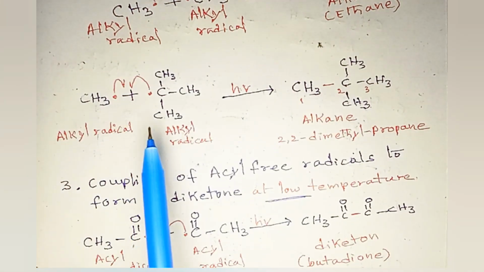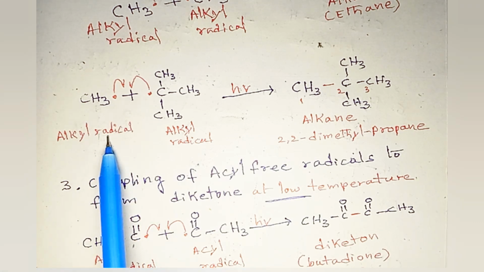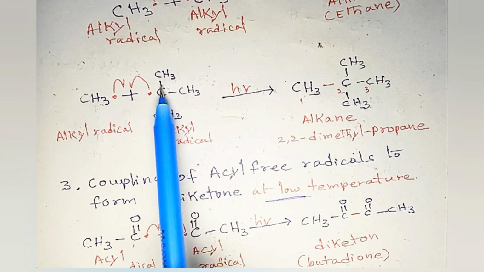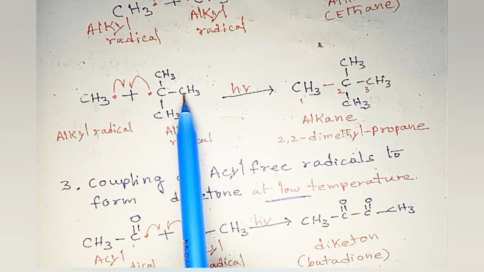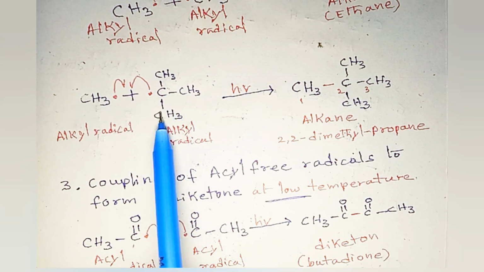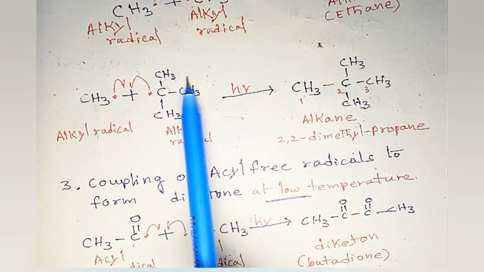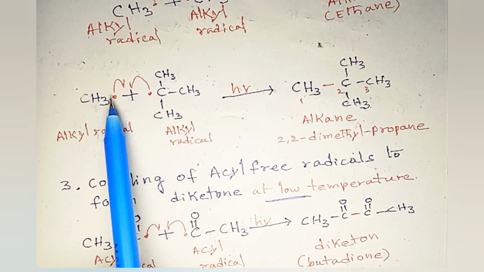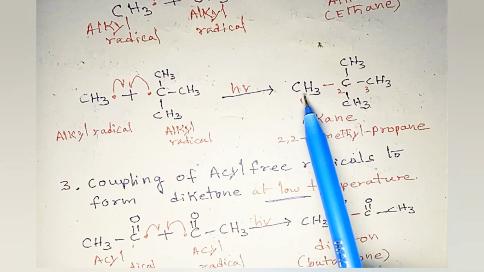Then, a CH3 radical, that is an alkyl radical, will combine with another free radical formed in the primary process, that is a CH3 radical. This is also an alkyl radical. These two radicals will join to form a single bond.